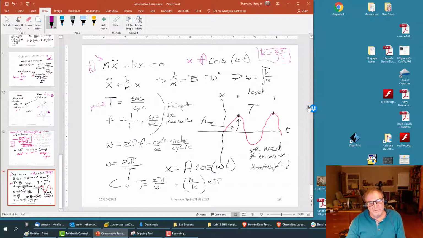Remember, we need to use this when we have our pendulum, or our spring and our mass going up and down. What we do is measure a time while counting cycles, and then we get a number of seconds, and then we can figure out the frequency and take the inverse. Well, what we do, of course, is take t and divide by the number of cycles. But I just wanted you to see how they tie together.